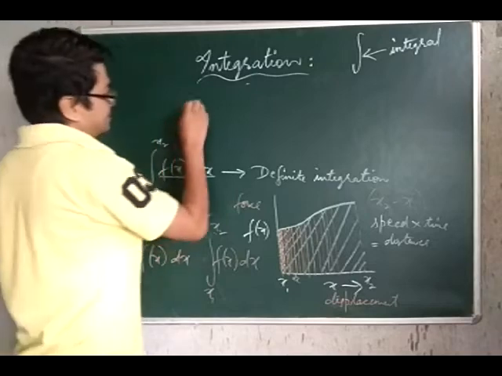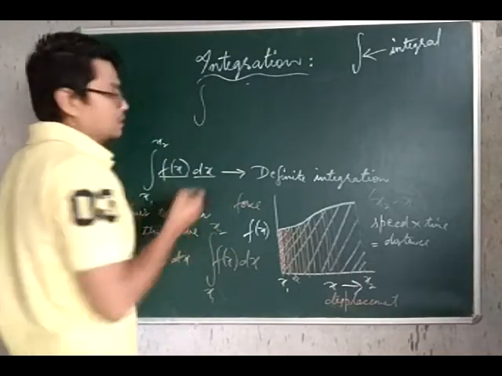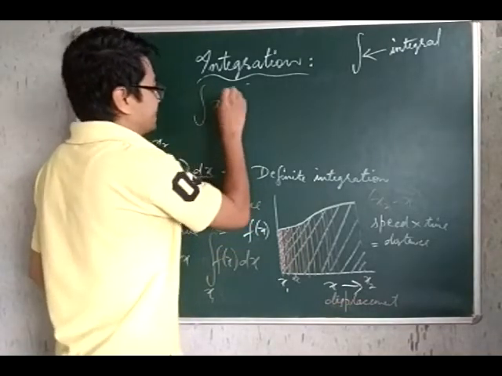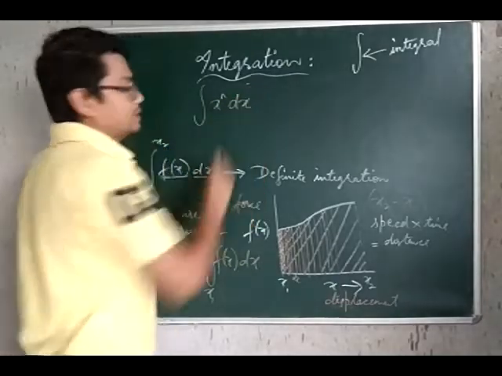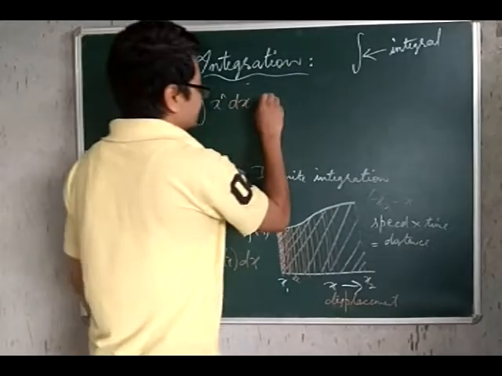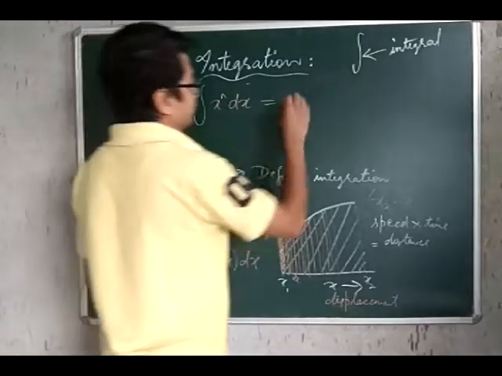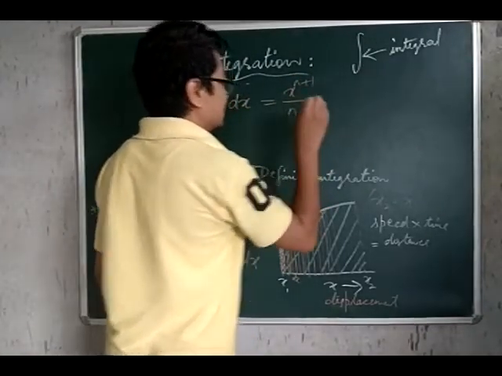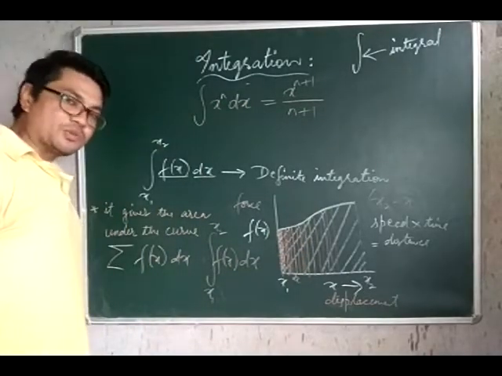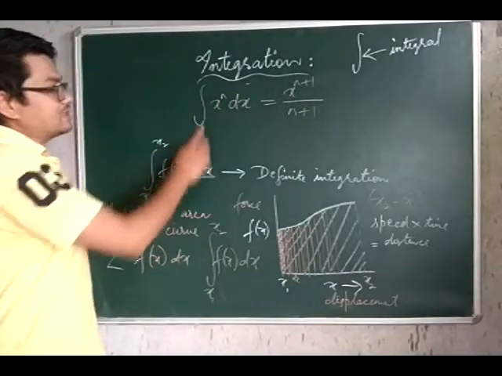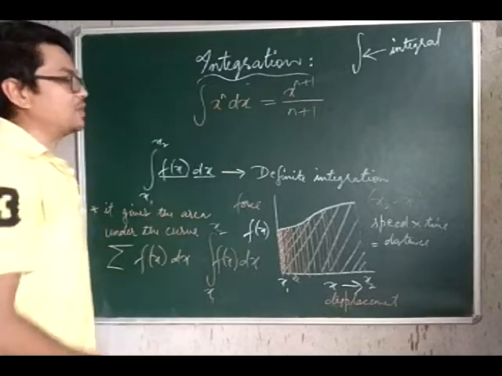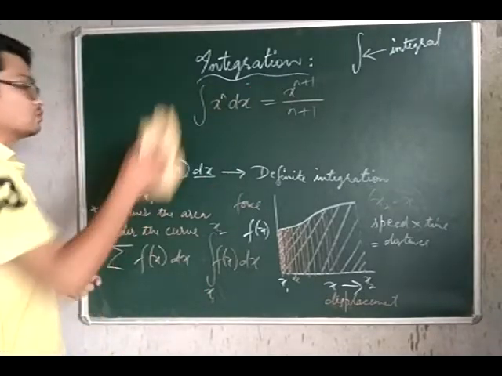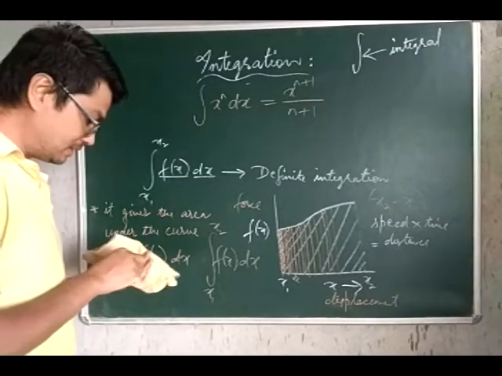The formula is this: integration of x to the power n dx is equal to x to the power n plus 1 divided by n plus 1. This is the formula, remember. This is what I would like you all to remember.